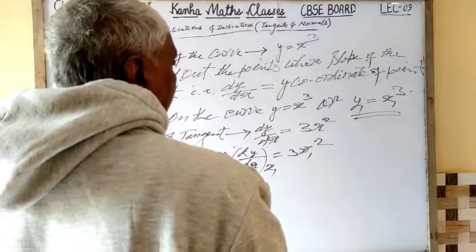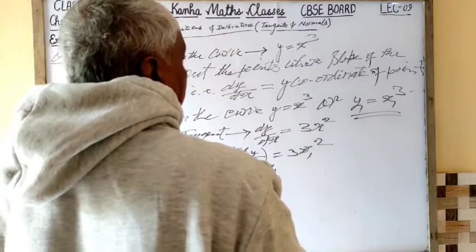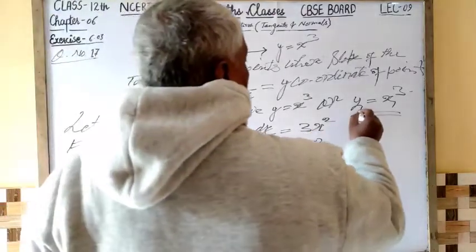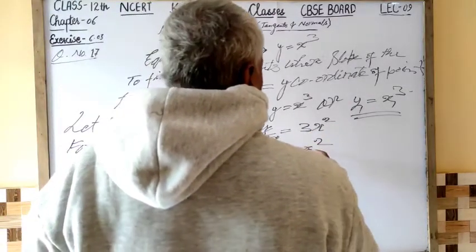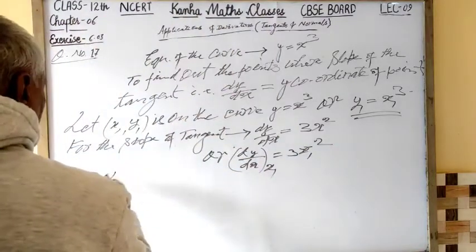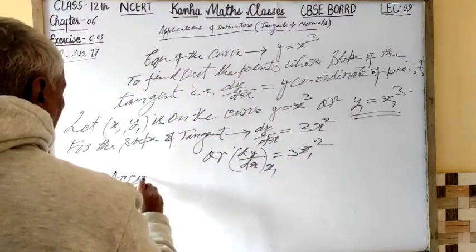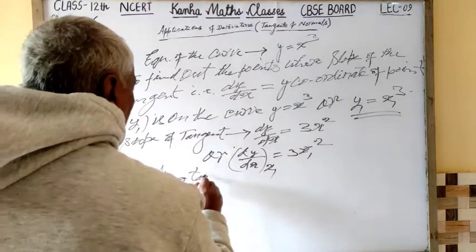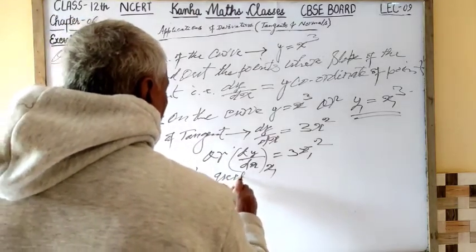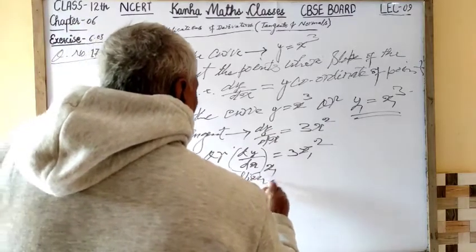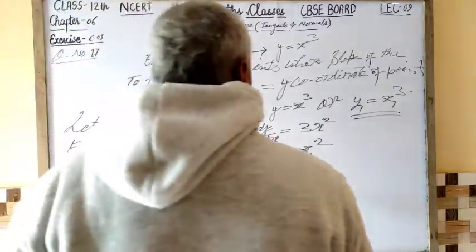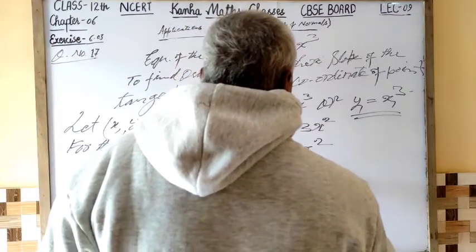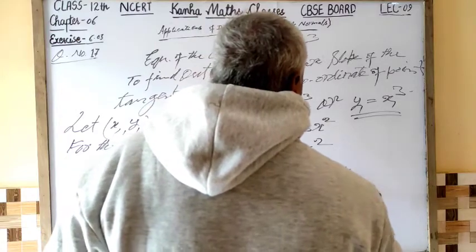Hence 3x1 square, according to the question, is equal to y1.